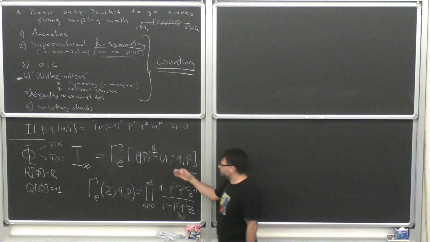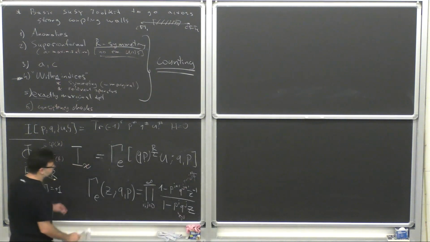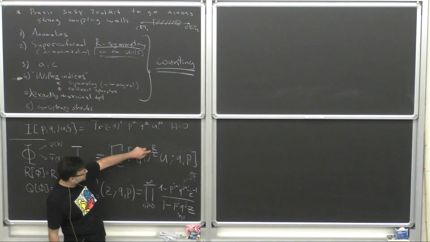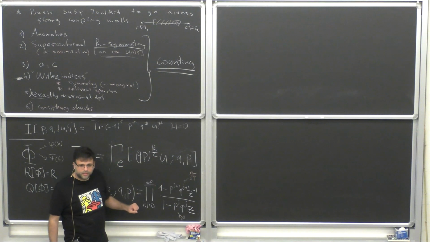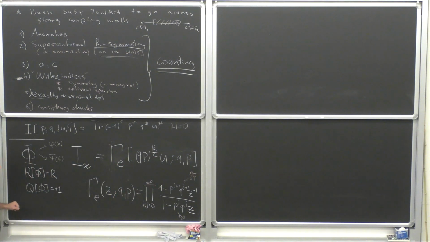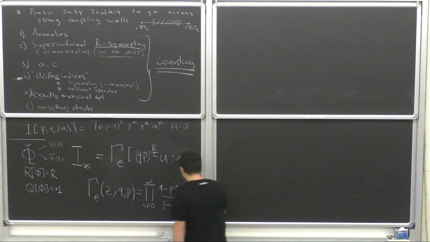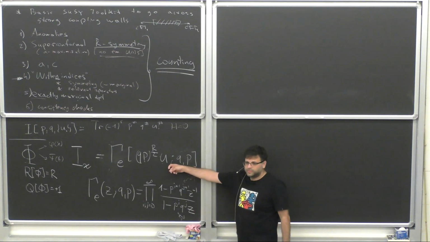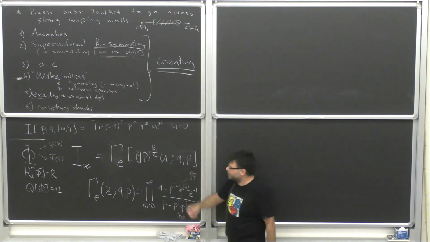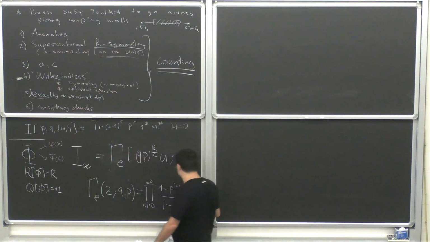You need to do this analysis carefully to understand where all the particular numbers that appear here come from, but that's what happens. In particular, since what contributes to the index is phi, and what contributes to the index is psi bar, one of them is weighed with u, which is the fugacity for the U(1). This is the bosonic part.